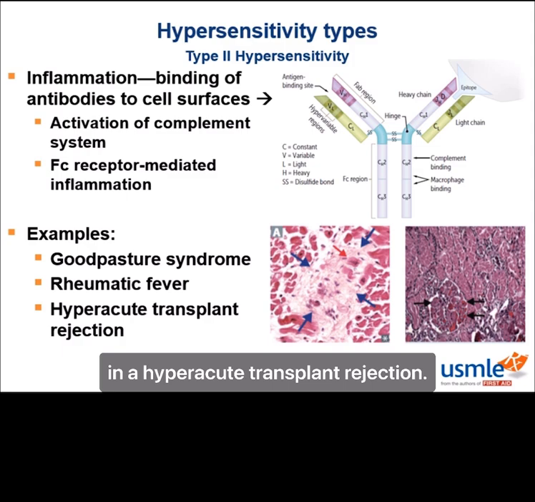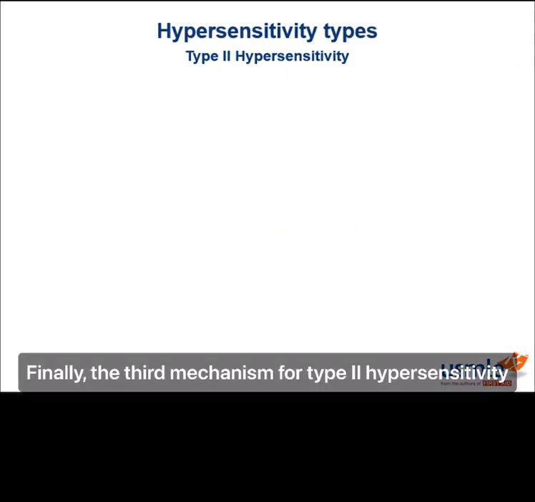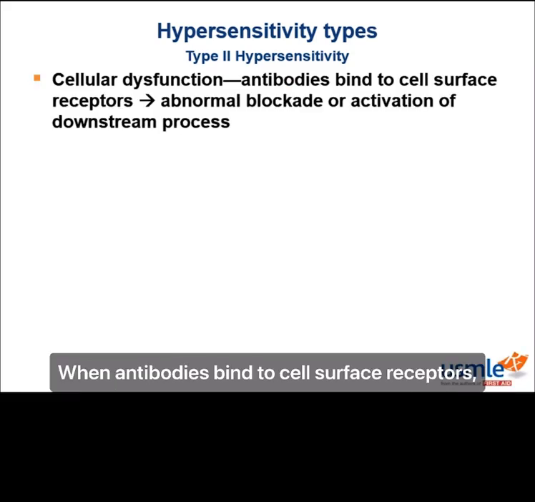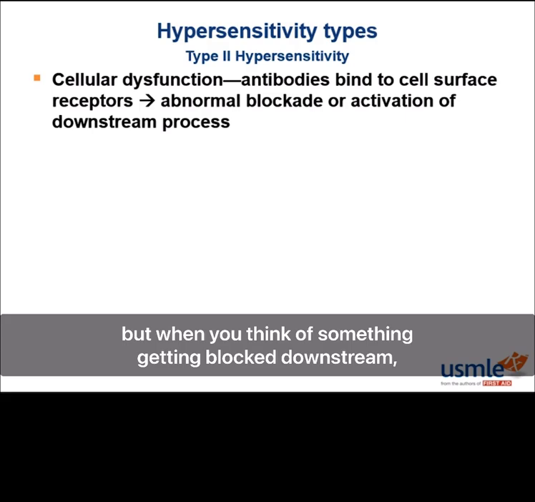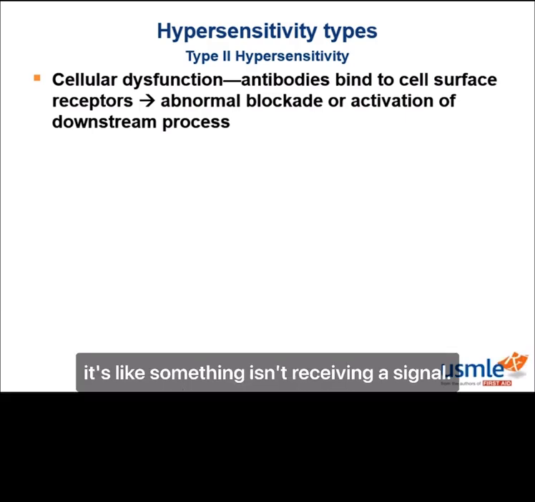Finally, the third mechanism for type 2 hypersensitivity is cellular dysfunction. When antibodies bind to cell surface receptors, there is an abnormal blockade or activation of a downstream process. I know this sounds very technical, but when you think of something getting blocked downstream, it's like something isn't receiving a signal.